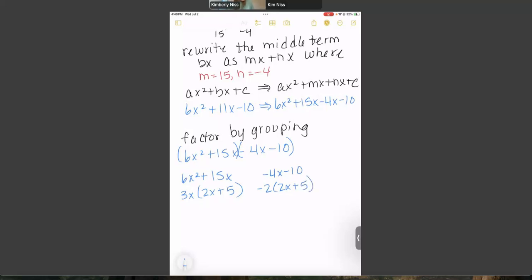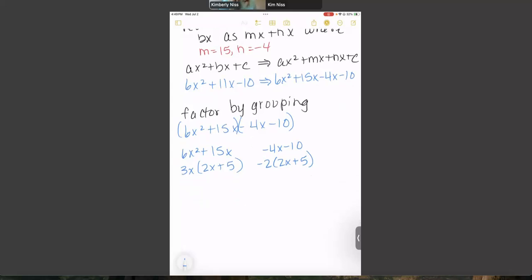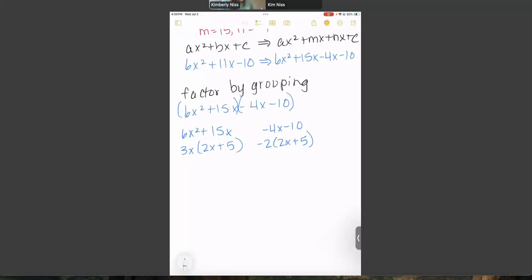So now we have negative 2 times 2x plus 5 as our factor on our second group. So now, continuing on, we have the factorization. If you've done this correctly, you should have a common binomial factor. In this case, our common binomial factor is 2x plus 5, because we have one here and we have one here.